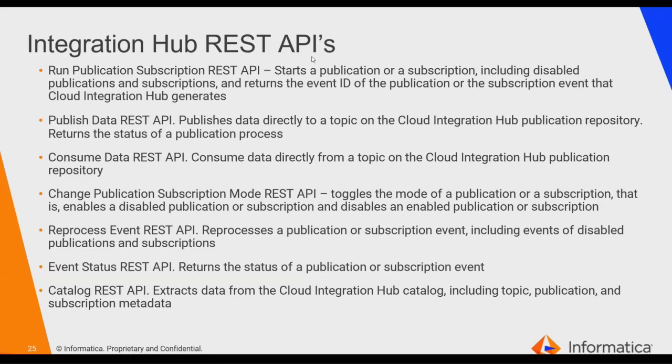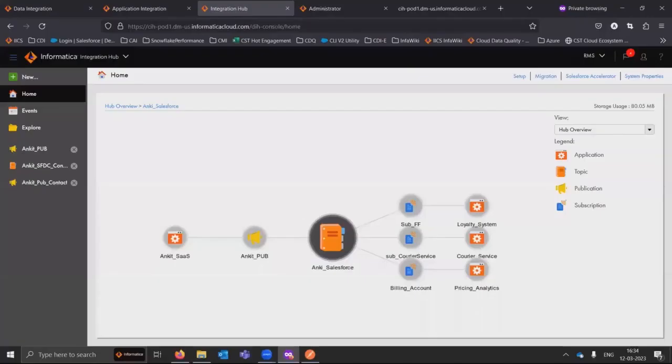Now, let's look at one of the scenarios which will showcase all the APIs which we just discussed in detail. For the demo purpose, let's have a look at one typical scenario where CIH can be implemented. A SaaS application is publishing the data. There are 3 applications which want to subscribe to the same data.